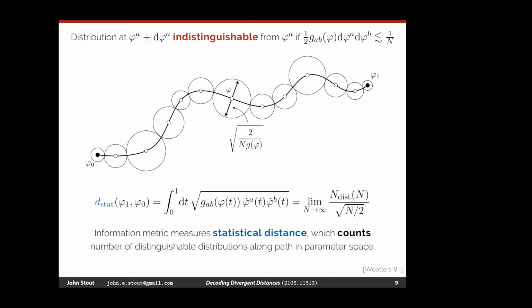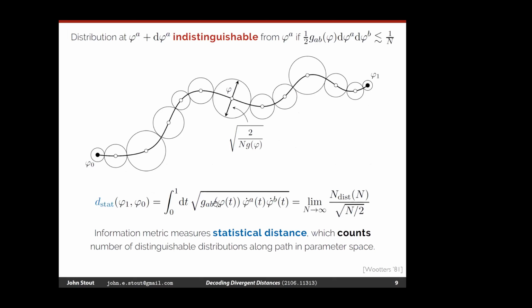So then what we can do is play our Sanov's game infinitesimally and say that at each point in my statistical manifold, given a certain number of samples, I can draw a little ball or ellipsoid of distinguishability or indistinguishability around each point.